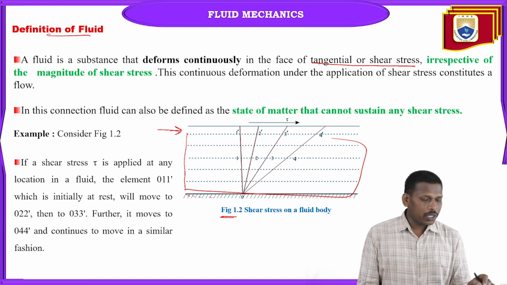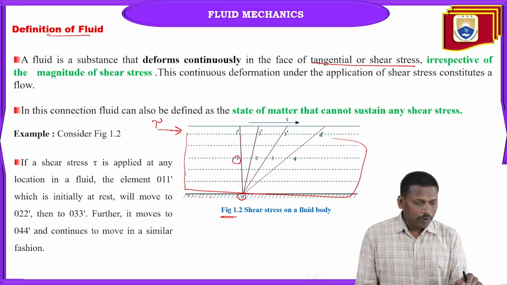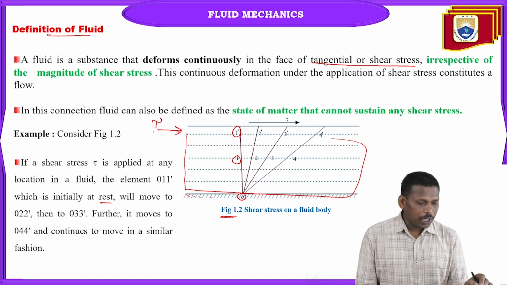If the shear stress tau is applied at any location of the fluid, the element which is initially at rest will, because of the application of the shear stress, move to 0 to 2 dash. If you apply it continuously, again it moves to 0, 3, 3 dash.